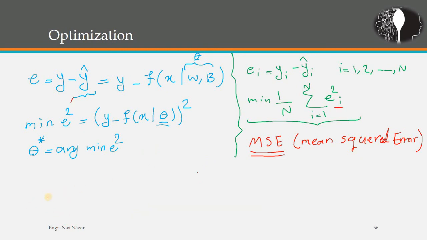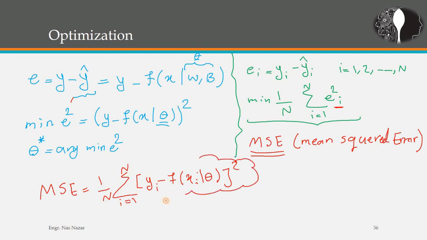We can already write a formula for the mean square error. We can show it with 1 over n, sum from i from 1 to n, the number of our samples that we have, and inside the bracket we have y of i minus function of x of i based on our theta, squared.